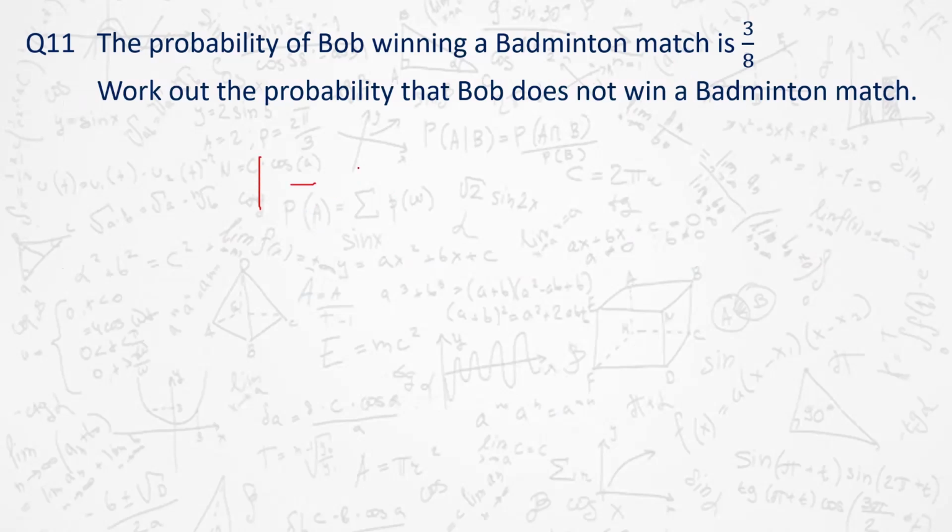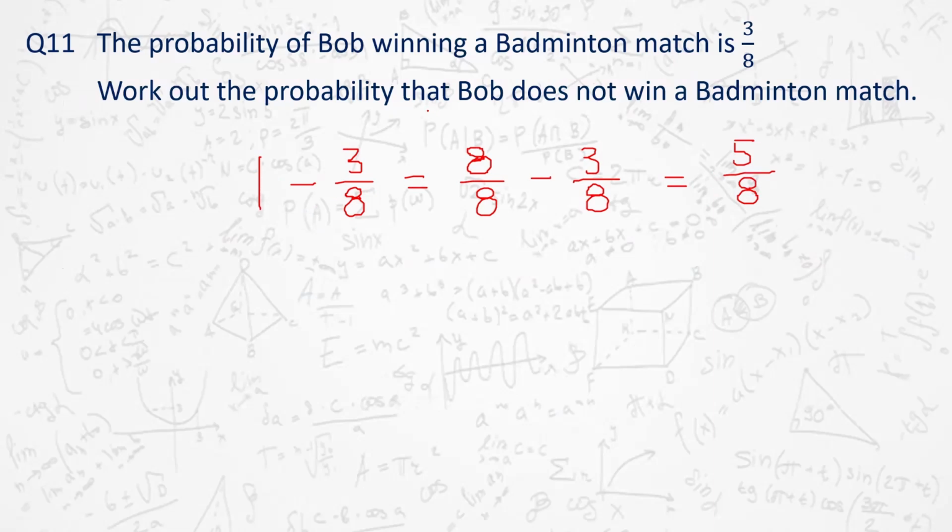Therefore, to find the chance of not winning, you need to do 1 minus 3/8. If you're not good with your fractions, I can write that all out for you. Therefore, we have 5/8 as the probability that Bob does not win a badminton match.